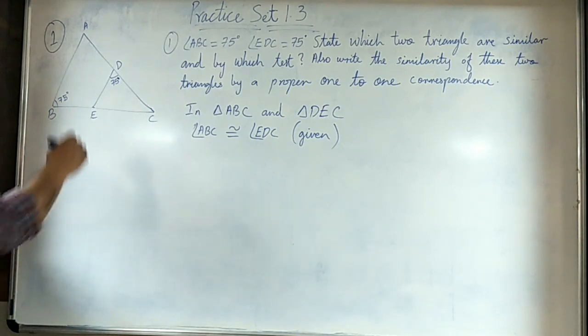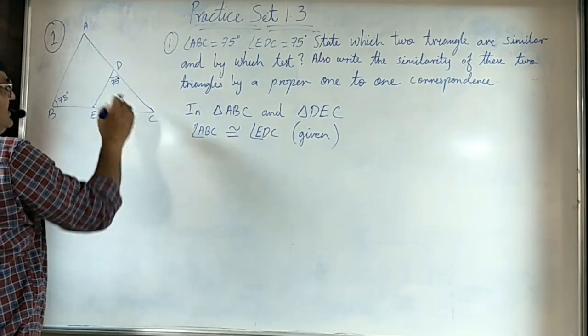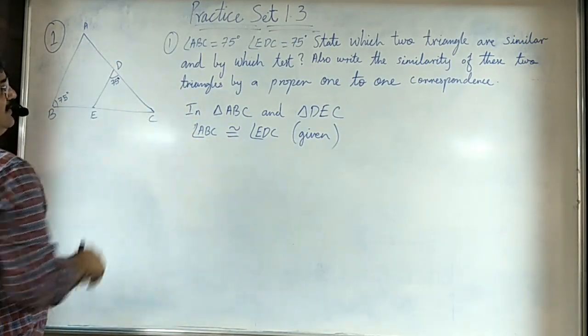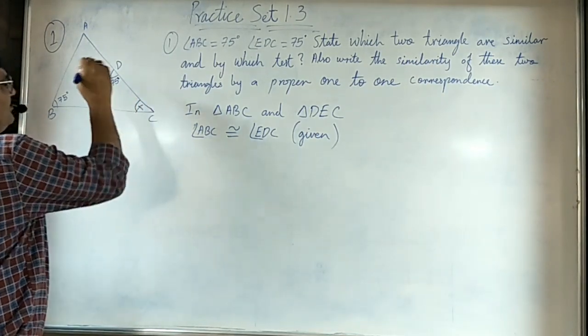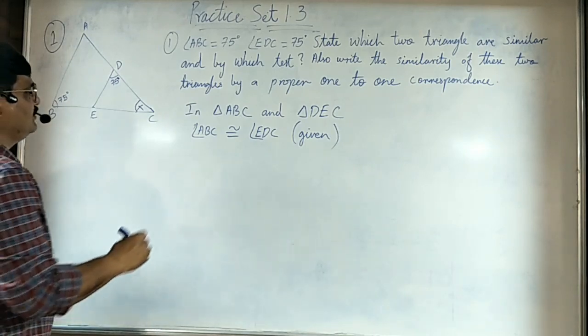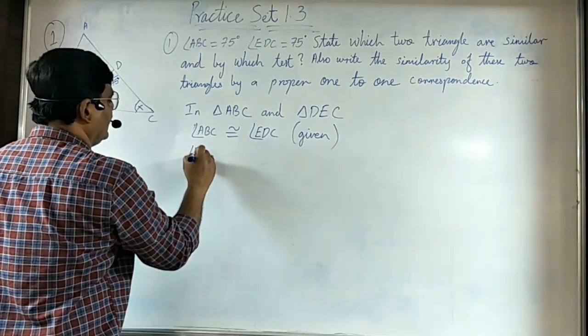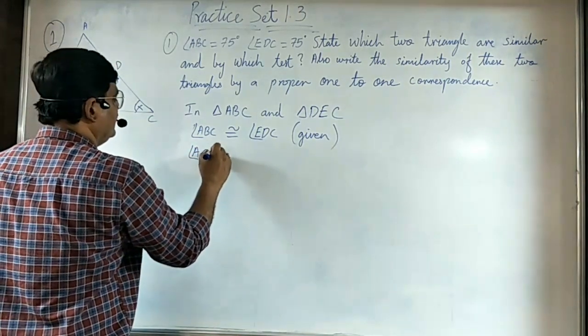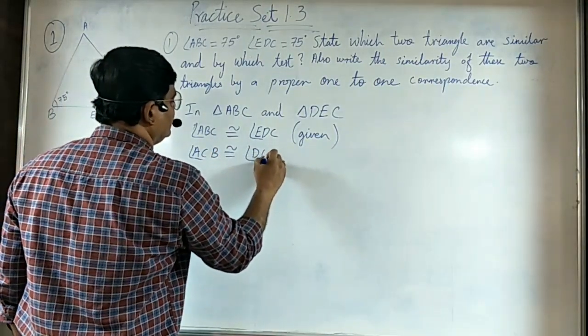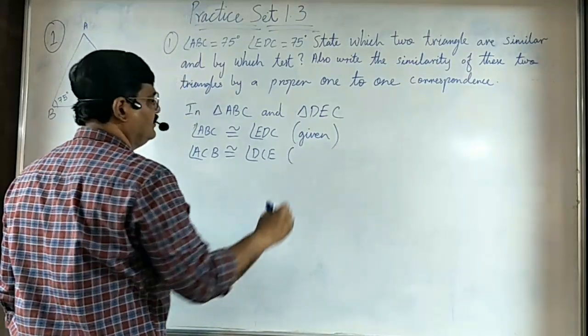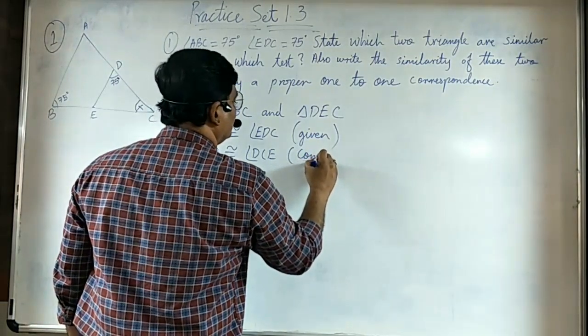Now you can see that in triangle ABC, C is there, and in triangle DEC, C is there. So can you make out that angle C is common to both? So I can write that angle ACB is congruent to angle DCE, and you write the reason: common angle.